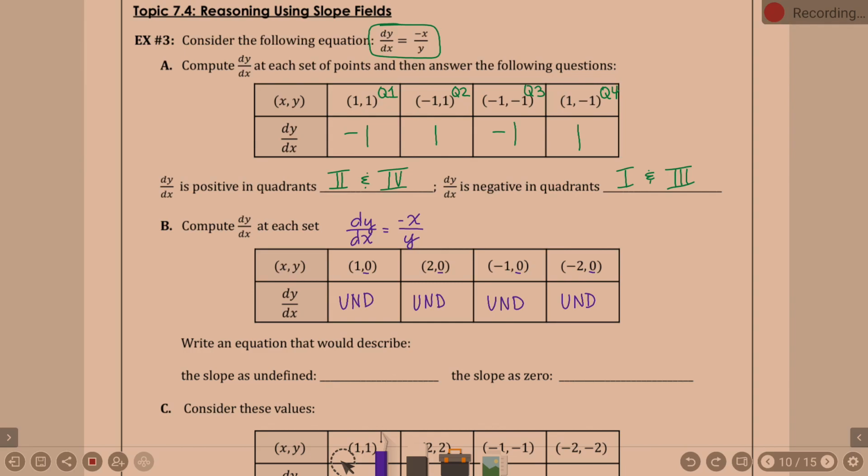Write an equation that would describe the slope as undefined and then the slope as 0. So when is the slope undefined? What type of line? A vertical line. What's an equation of a vertical line?